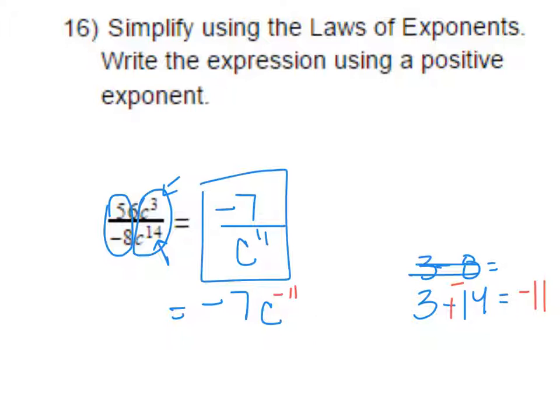I can't have a negative exponent in my answer, so I need to continue. So we're going to end up with negative 7, and then we're going to move the c to the negative 11 into the denominator as c to the positive 11. Either way you get the right answer, it doesn't really matter which way you do it.